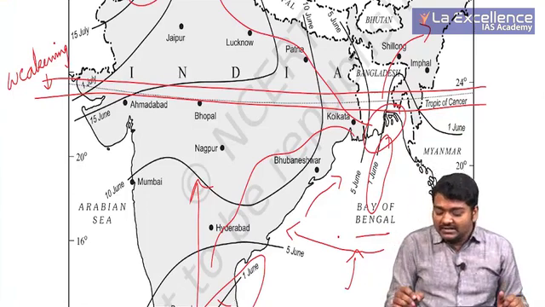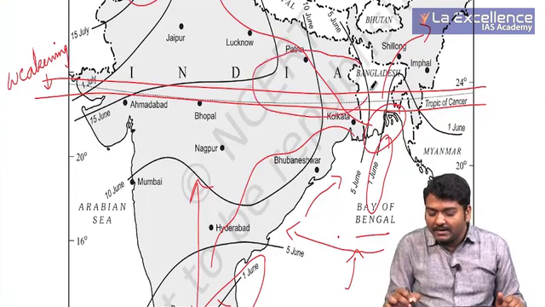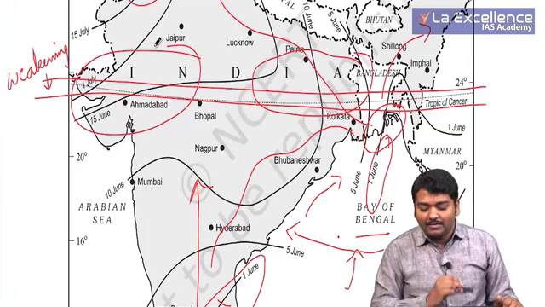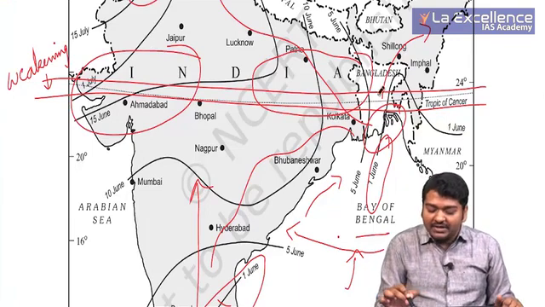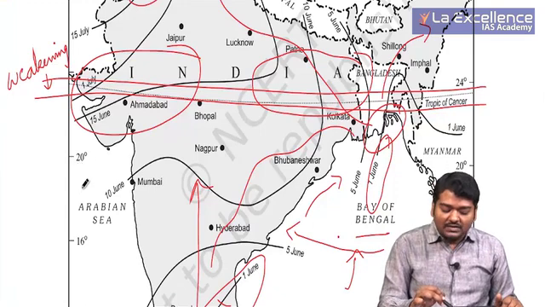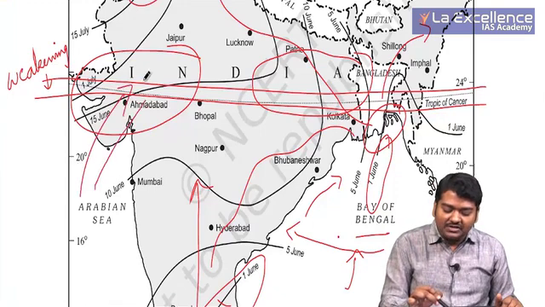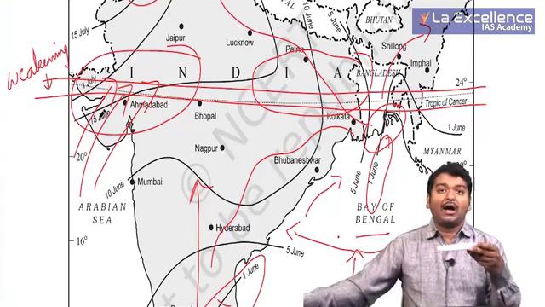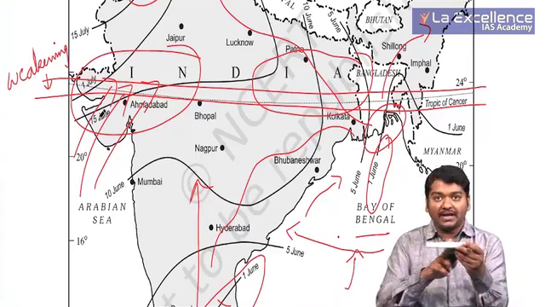See guys, you might have heard of floods in Patna, you might have heard of floods in Gujarat. That is mainly because low pressure is developed here or low pressure is developed here. So because of this, from the Arabian Sea moisture laden winds blow. Just imagine you have the low pressure area, correct?